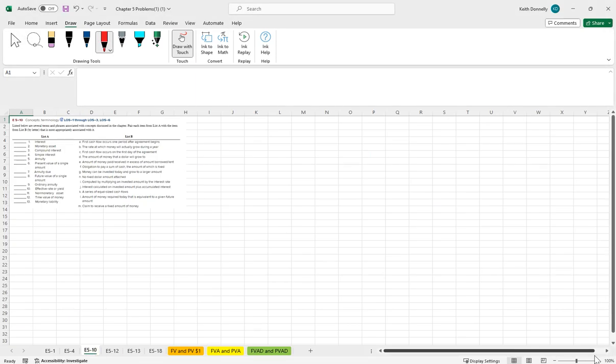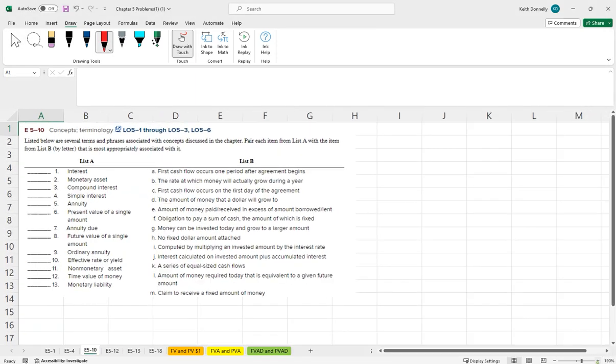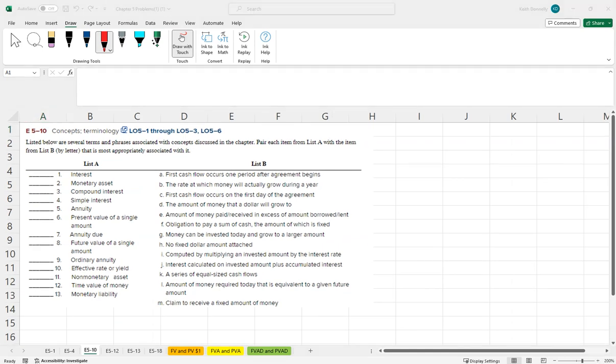Finally, we have the matching. If we look at the matching on this, interest, that's going to be E. It's basically what you get on top of what you put into it. Money isn't free; you're going to want to make money on your money. Monetary asset, M: claim to receive a fixed amount of money.